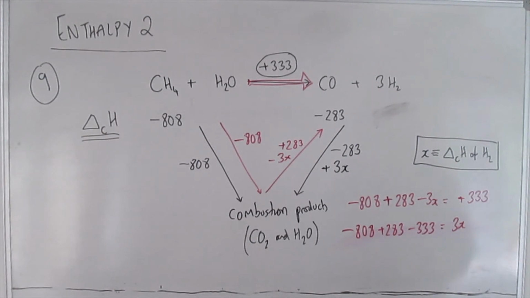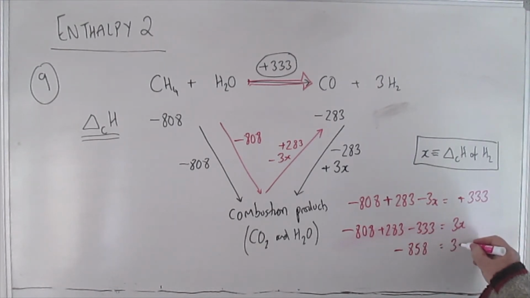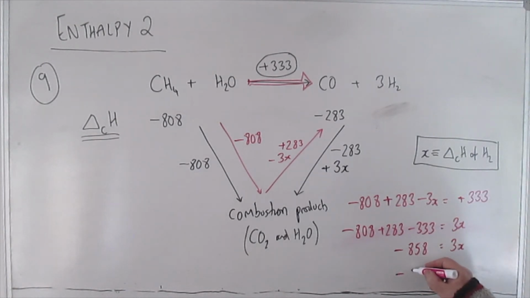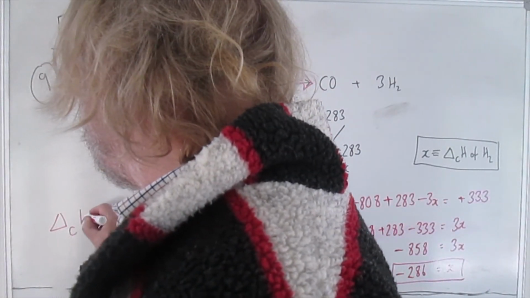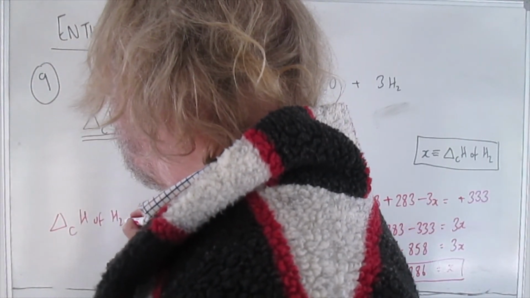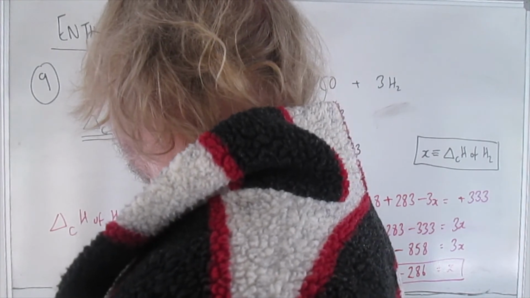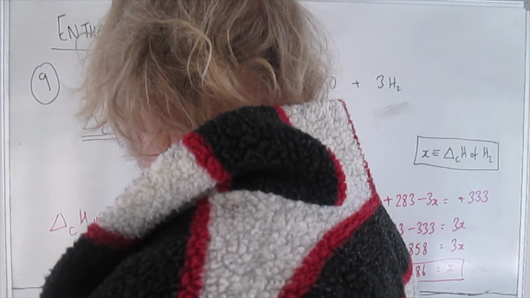So we get that equation, which gives us that minus 858 is equal to 3x, and therefore dividing by 3 we get minus 286 is equal to x. Okay, so that gives us our answer then, that the delta H of combustion of hydrogen is minus 286 kilojoules per mole.